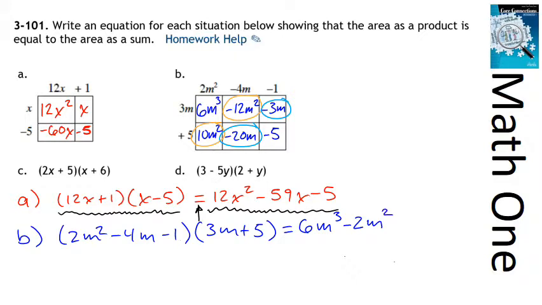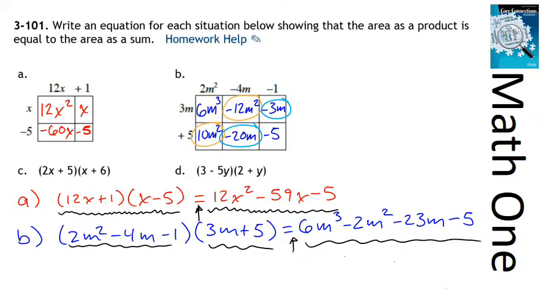And then I'm going to combine negative 20m and negative 3m. That would be negative 23m. And then finally, I'll write down the negative 5 left over. So that's B, and you can see again, the product, the length times the width, is the same as the sum of the parts.